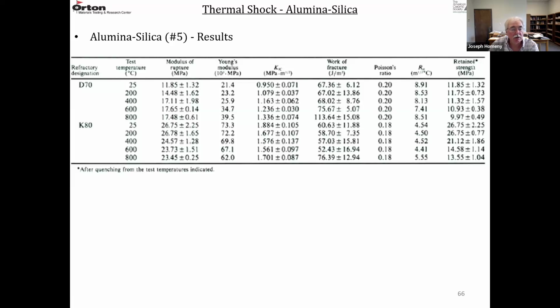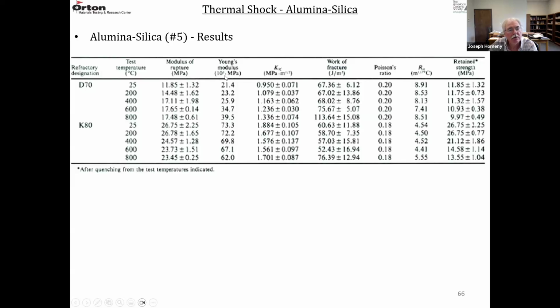There's an increase because of stress relief at the higher temperatures. And this one drops slightly with temperature. There's no stress relief here. Young's modulus goes from 20 to about 40 million, again, due to stress relief. And then this one goes from about 70 to 62, declines with increasing temperature.